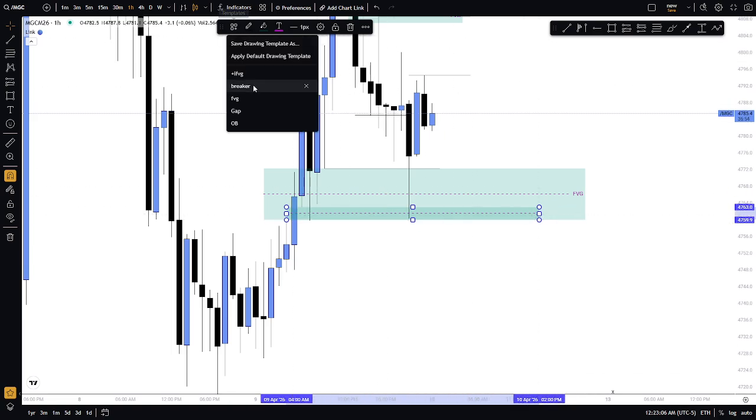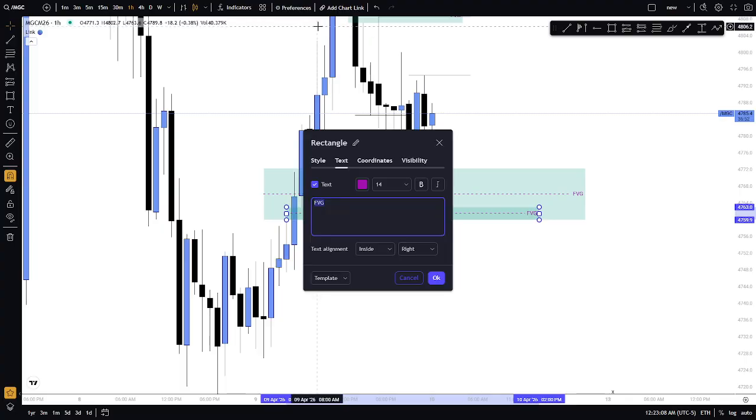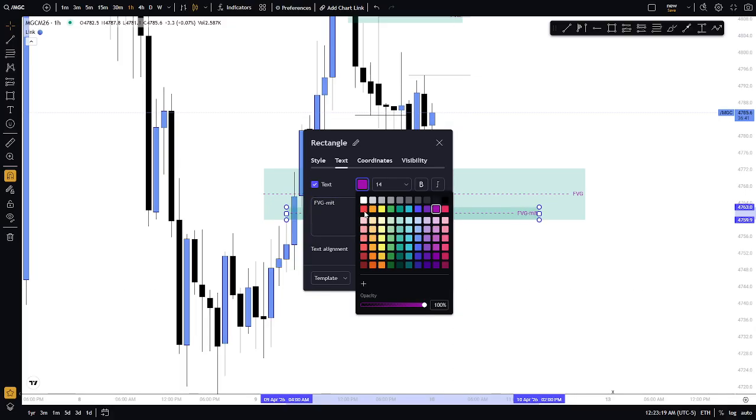So let's just add fair value gap and let's put dash MIT and let's use a red.